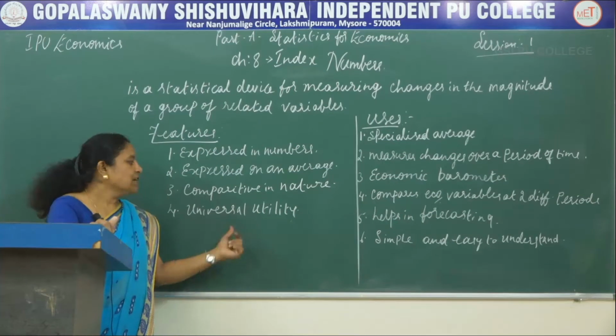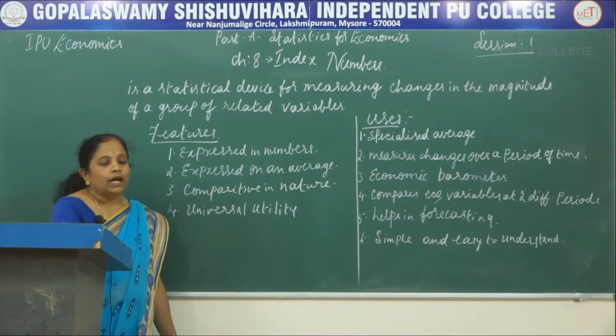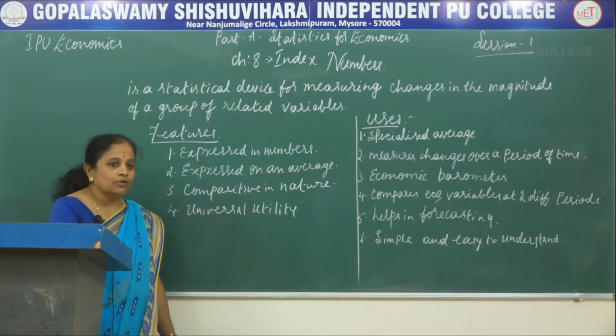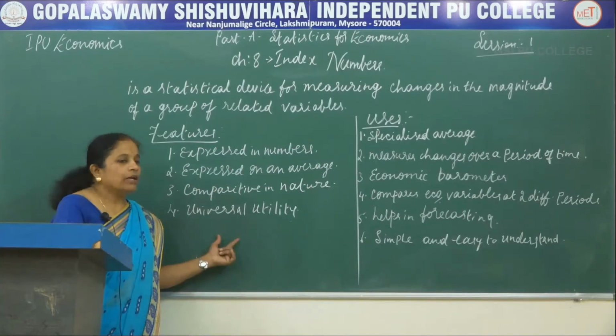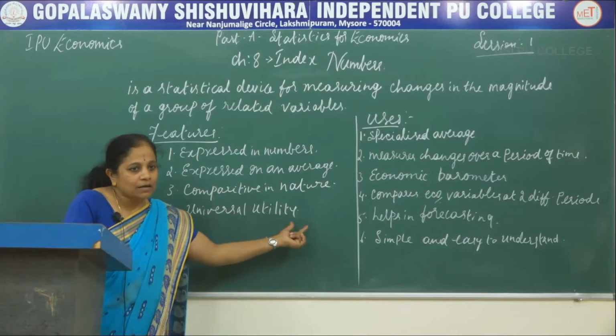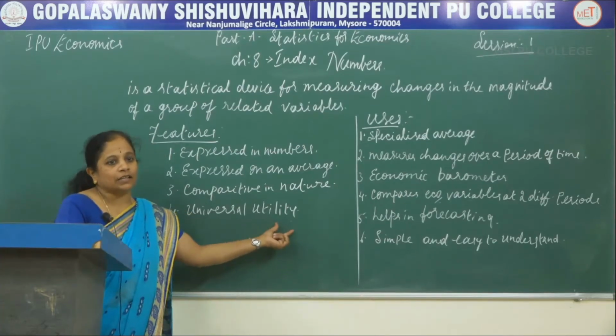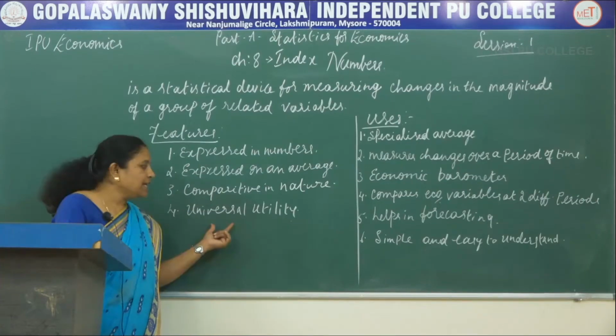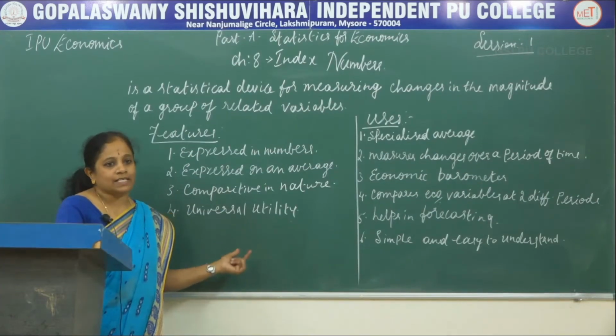The next one is universal utility. Index numbers have universal applicability and utility too, because we apply them to measure the changes in the areas of exports as well as imports. Index numbers are universally accepted.